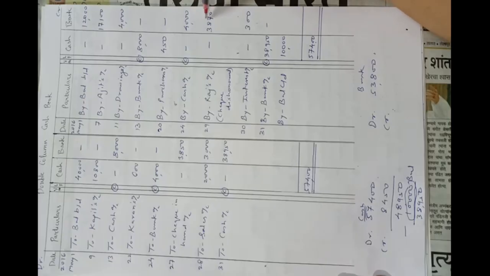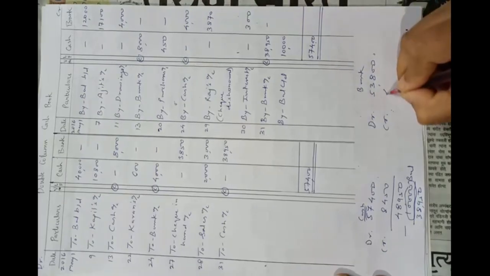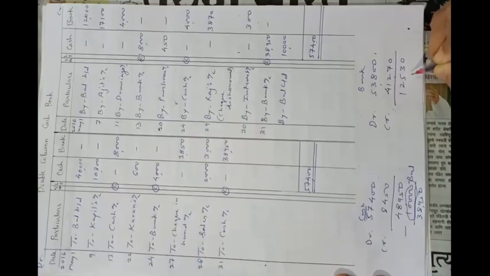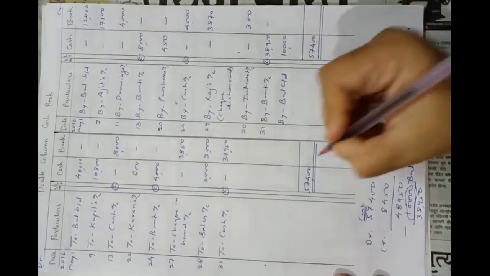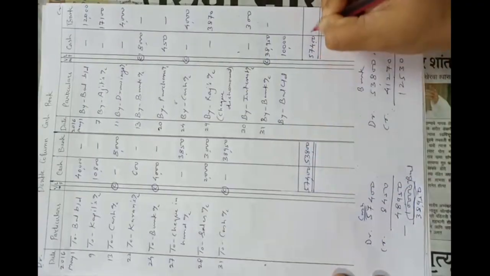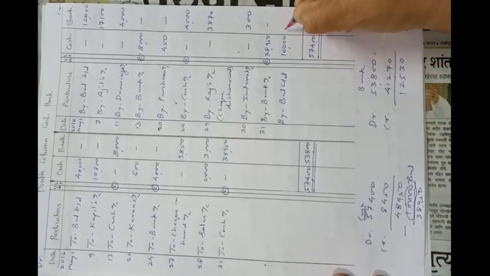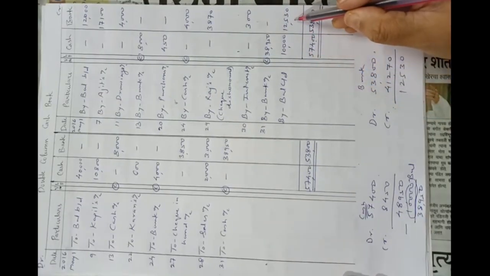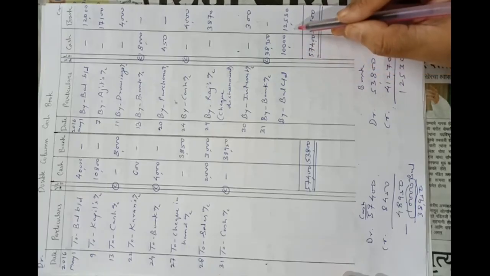Credit total is 41,270. So the difference is 12,530. Big total 53,800. 53,800 minus 41,270, balance is 12,530. Okay, so bank balance is 12,530, cash balance is 10,000.